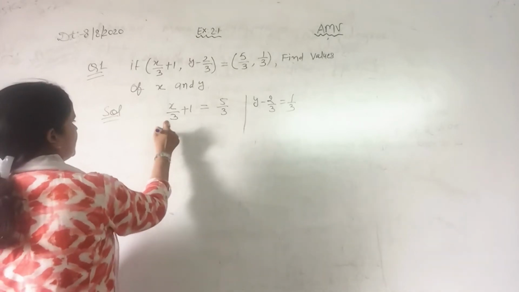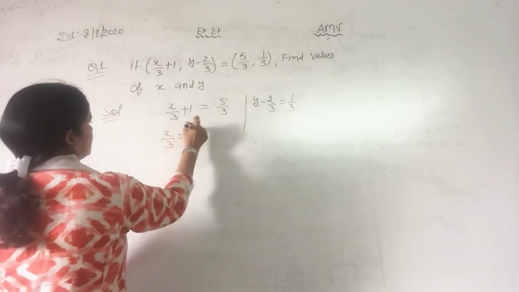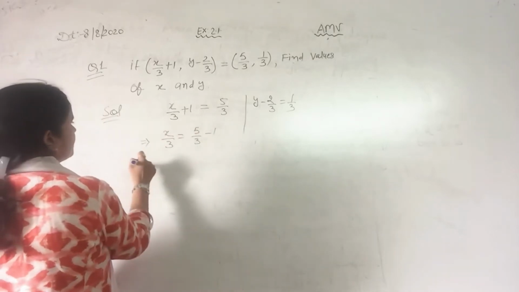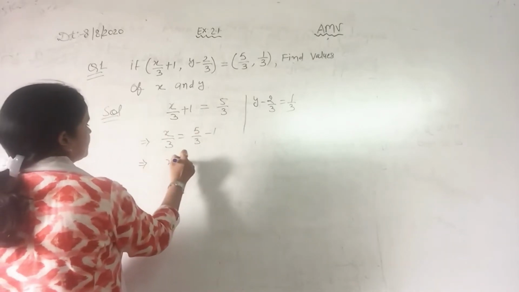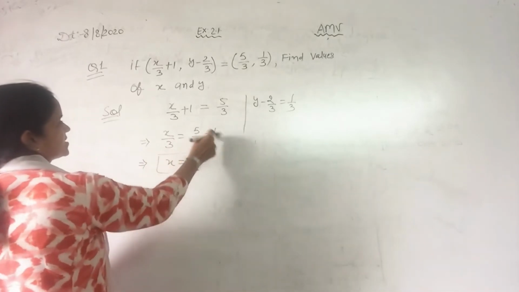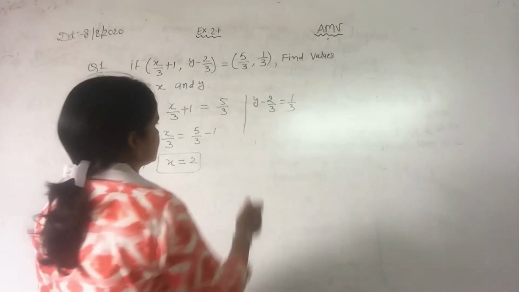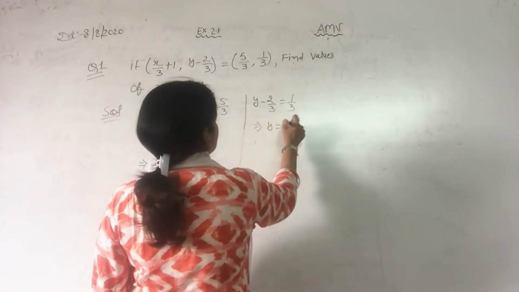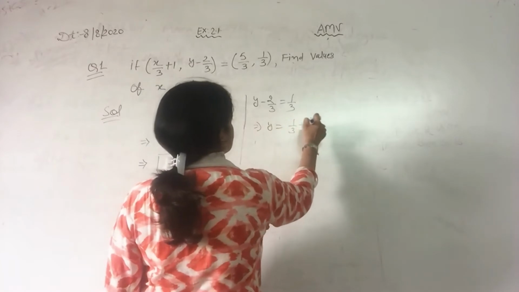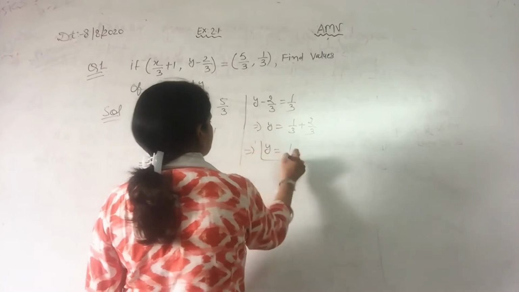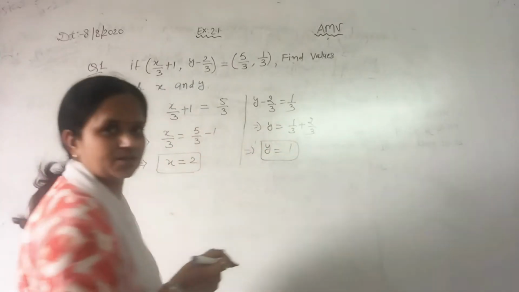You will find x/3 is equal to 5/3 minus 1, and from here you will get x/3 = 2/3, 3 will cancel, so x is equal to 2. From here y is equal to 1/3 + 2/3, so y is equal to 1. This is the answer.